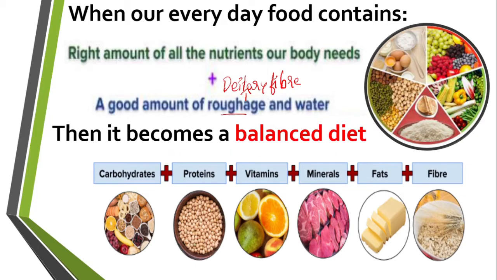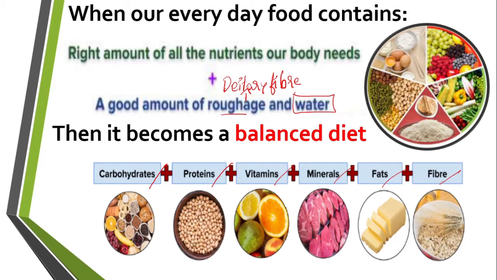And the nutrients needed to make a balanced diet are carbohydrates, proteins, vitamins, minerals, fats, and fiber, and mainly water too. Water is also important. You can't ignore water. It should be an equal amount of all the nutrients.